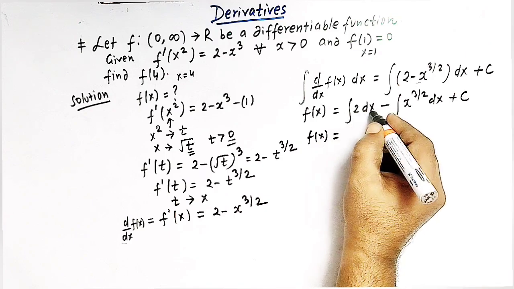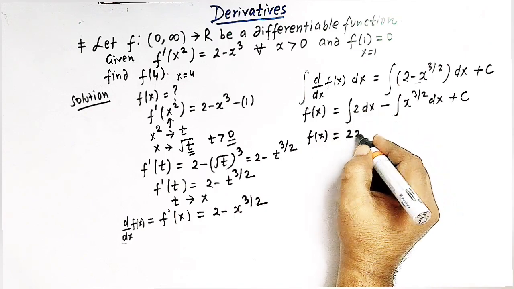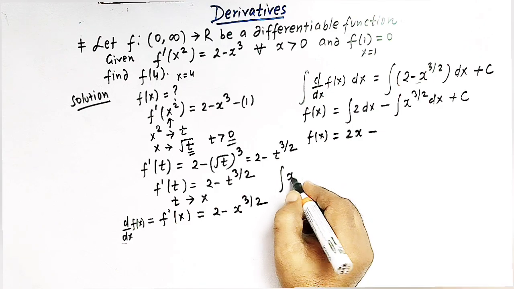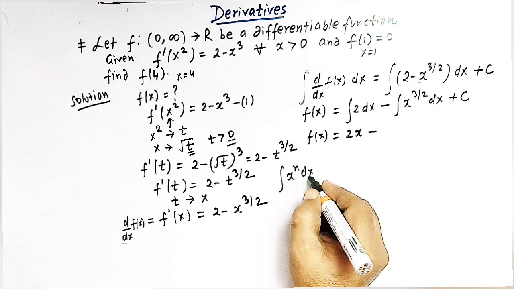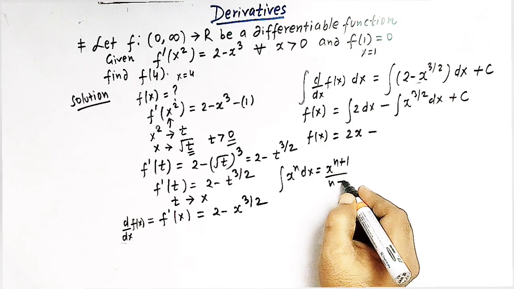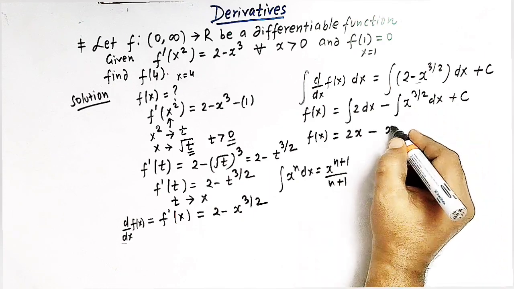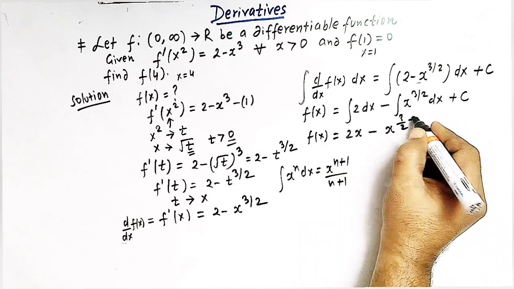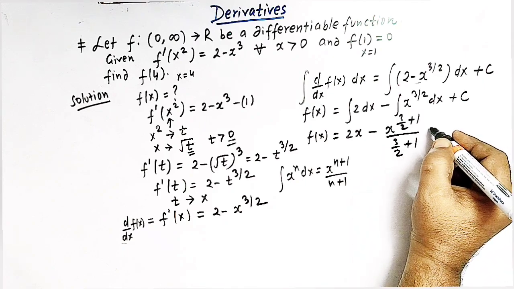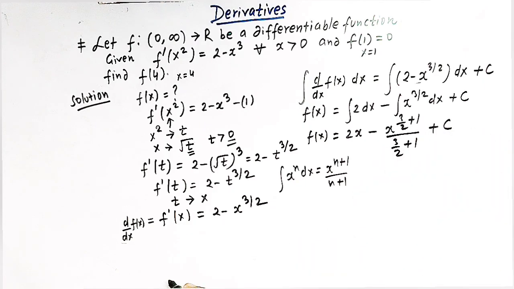The integral 2 dx is simply 2x, and here we can use this result, that is the integral of x raised to n dx is x raised to n plus 1 over n plus 1. So here we have x raised to 3 by 2 plus 1, and c is the constant of integration.